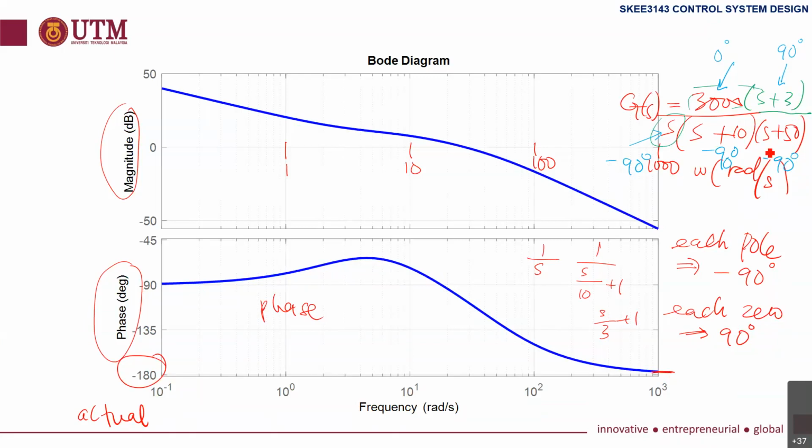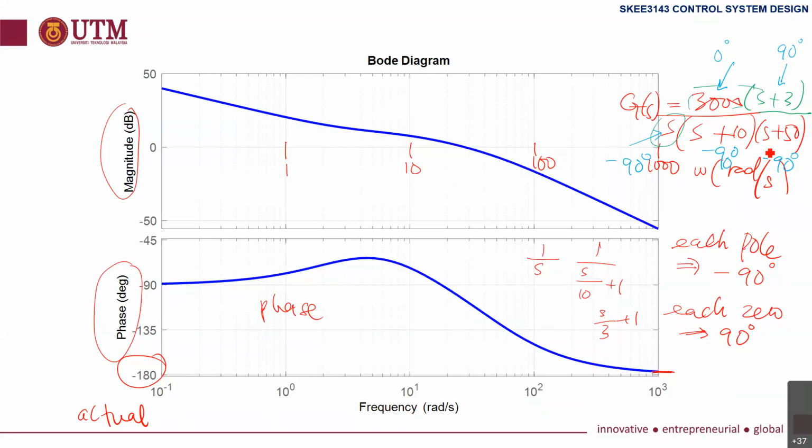Total up, finally it is minus 180 degrees. So based on the phase plot, you will know how many poles and zeros, the difference between them. Of course, it is not easy to find the location, but you know the difference between poles and zeros, because each contributes 90 or minus 90 degrees.